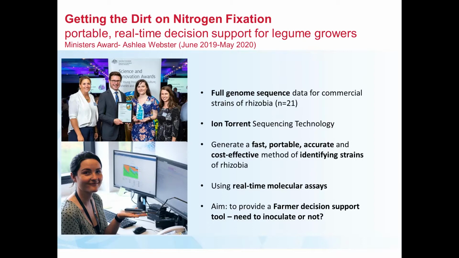Ashley will be using Oxford Nanopore sequencing, and this is a tiny little sequencing platform, as you can see in Ashley's hand. From these genomes, we aim to generate a fast, portable, accurate, and cost-effective method of identifying rhizobial strains. These will be real-time molecular assays that we hope to be able to use in the field. Basically, the overall goal is to develop a farmer decision support tool on whether or not they need to inoculate.